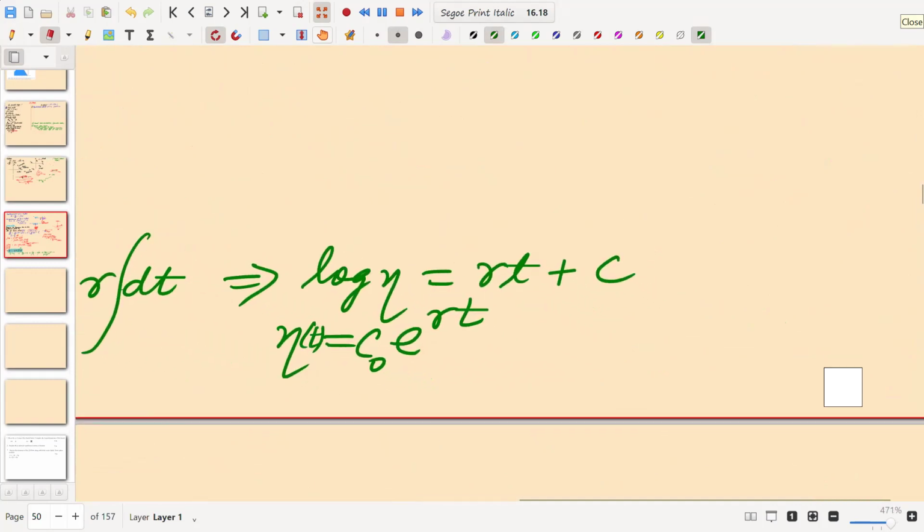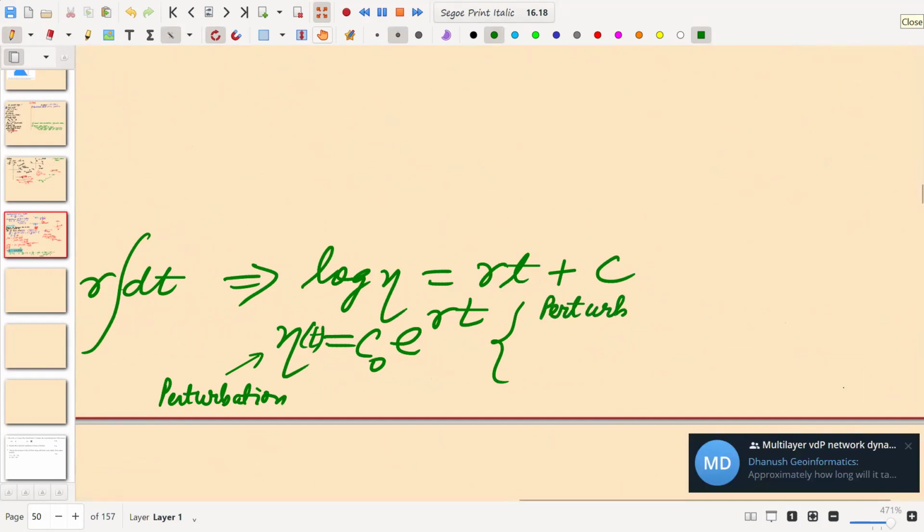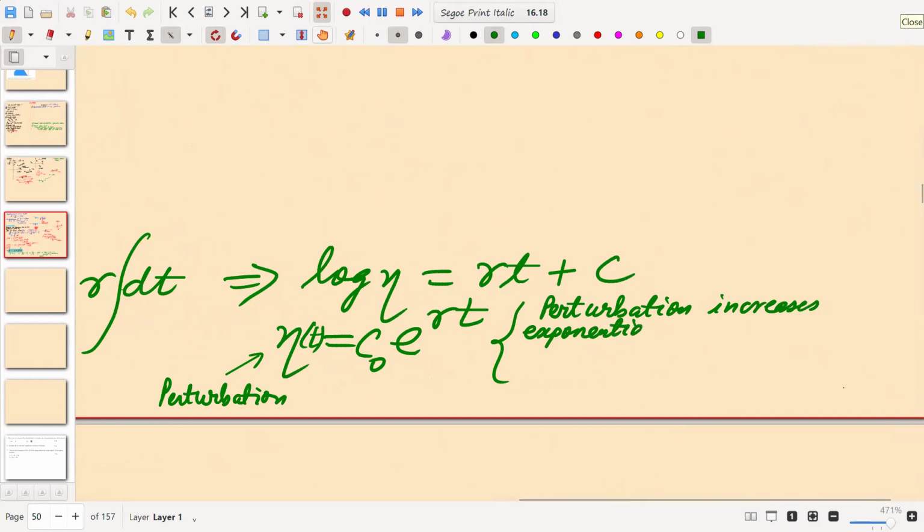I'll make it bigger for you. So what is eta t? Eta t is nothing but the perturbation, right? So the perturbation, what does it tell? Perturbation increases exponentially, right? Yes, exponential rt.